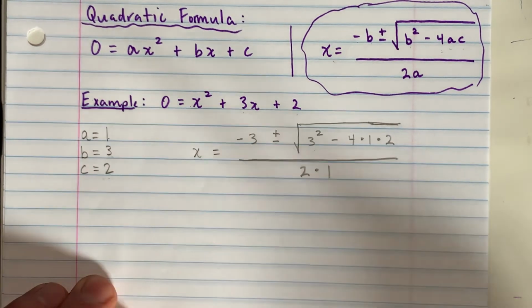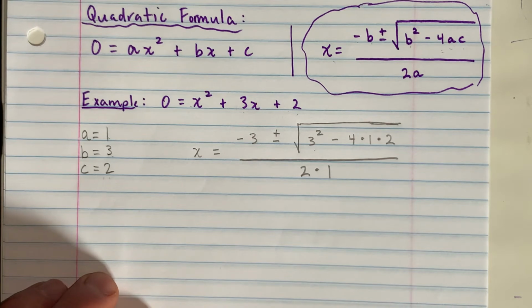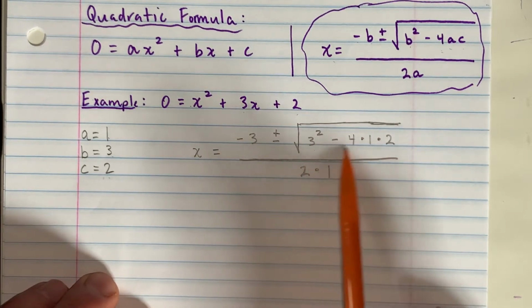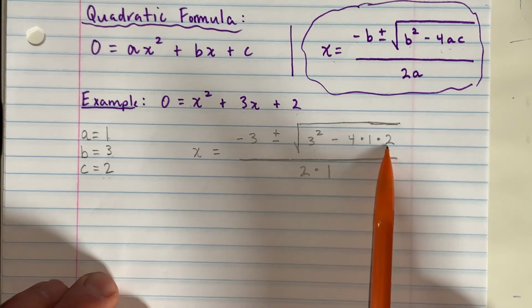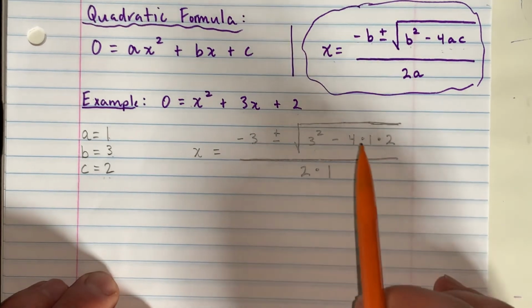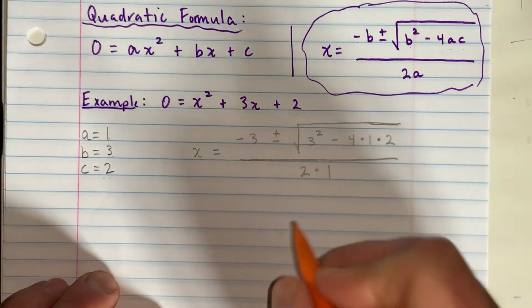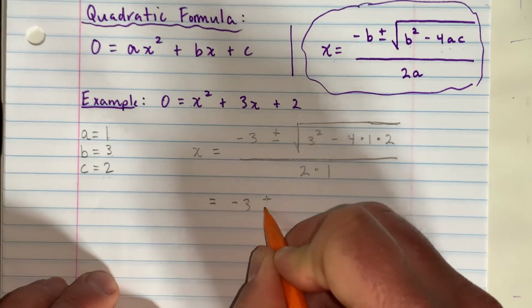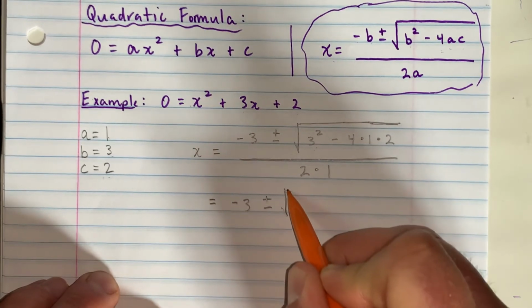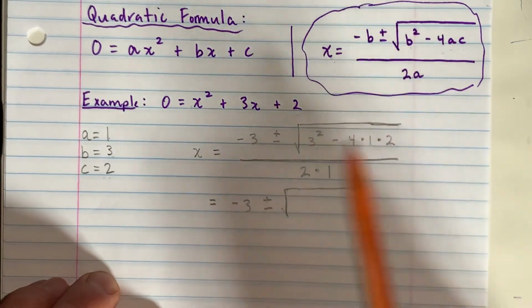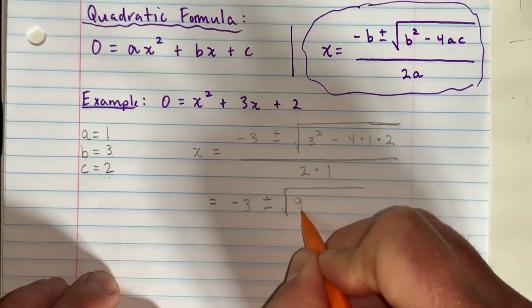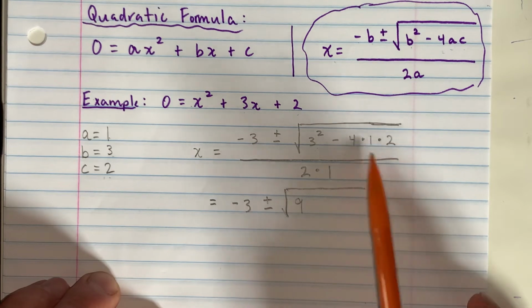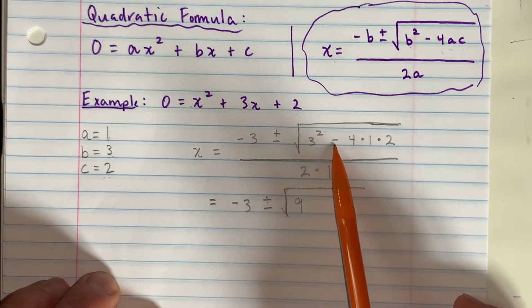So from there, we've got some work to do. We've just got to follow some order of operations. Usually it's best to go right into this square root and get this taken care of first. So we've got 3 squared, which is 9. Then our next order of operations, we want to make sure we take care of all this multiplication before we do any subtraction.